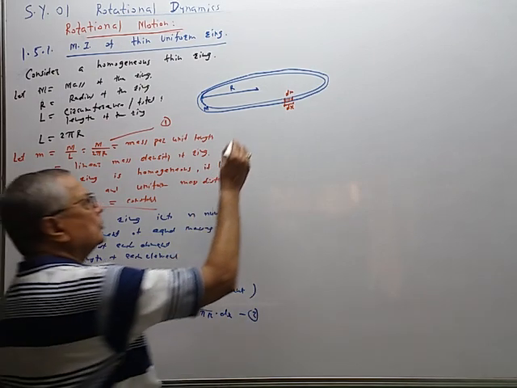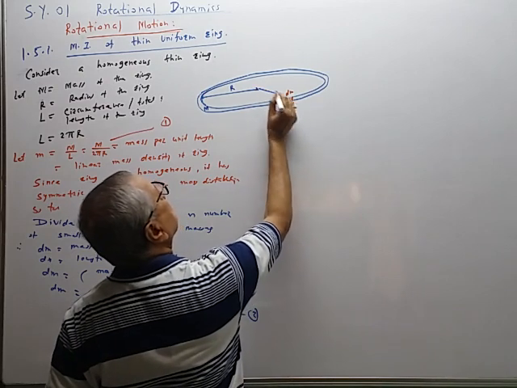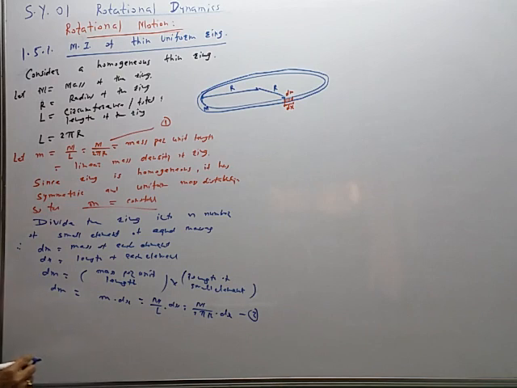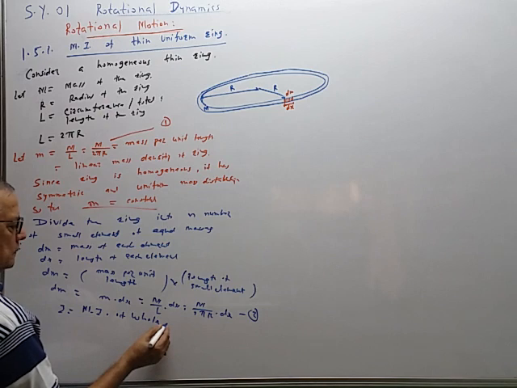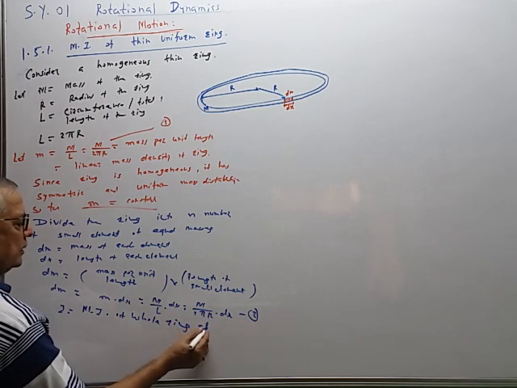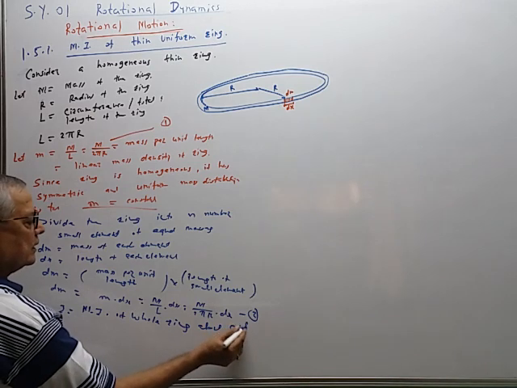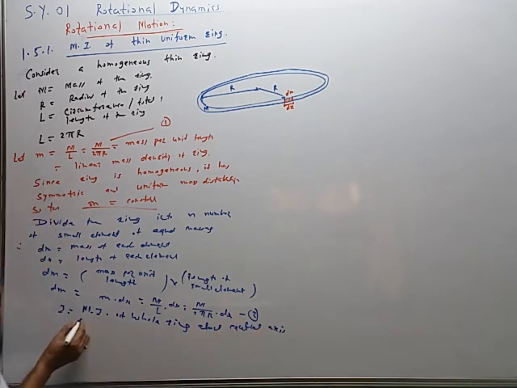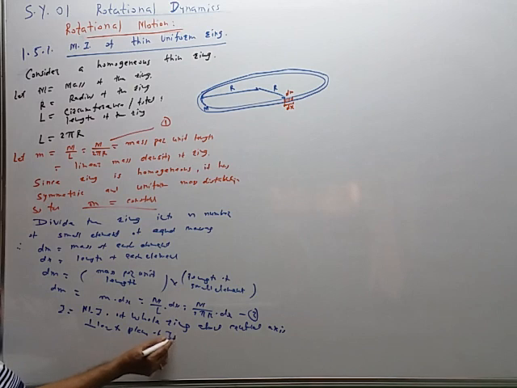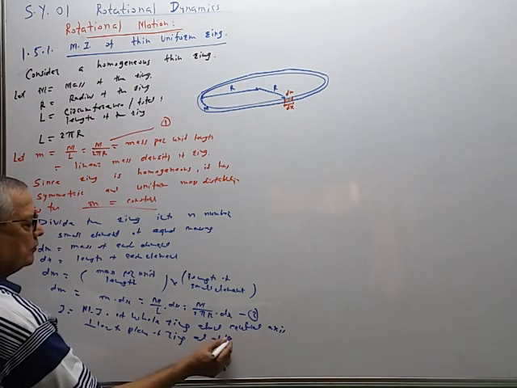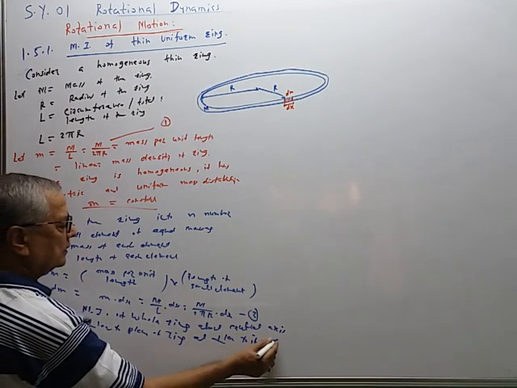So this element is also at distance r. Therefore I is equal to MI of the whole ring about central axis perpendicular to plane of the ring, perpendicular to its plane.